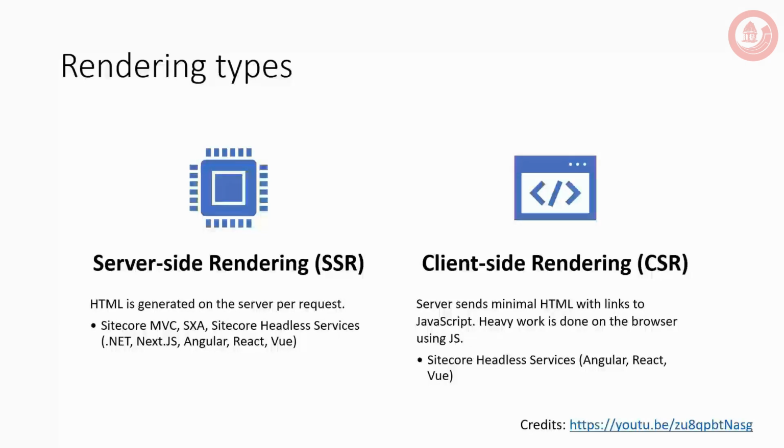So you have server-side rendering. This is what we are aware of. Maybe we don't know that it is called server-side rendering, but we are aware of this because with MVC and SXA, we build the sites in this way. So in server-side rendering, when a user requests a web page, that request is sent to the server from the client browser. So the request is executed on the server.